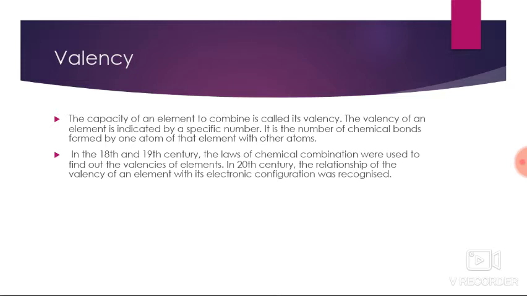I will just tell you what electronic configuration is. You have to just learn the atomic number. The atomic number of oxygen is 8. For its electronic configuration, you have to divide it. There are 4 shells, 4 orbits you can say, called shells around an atom.